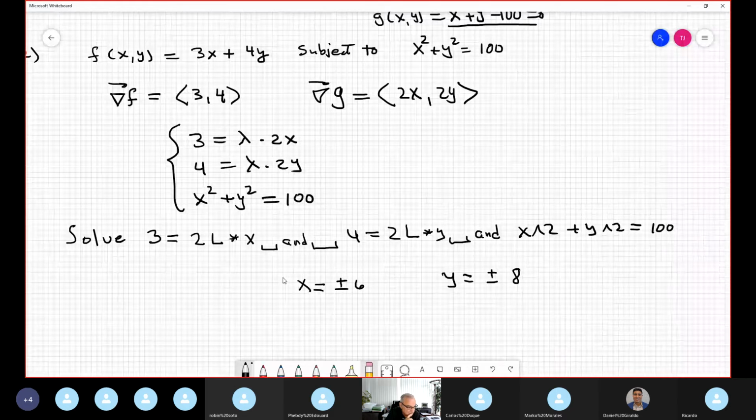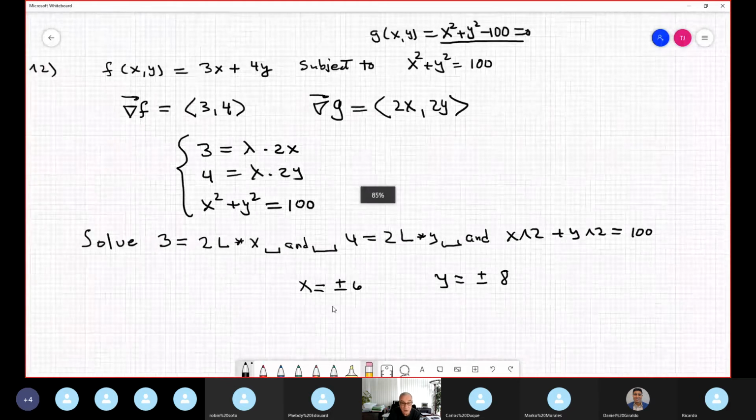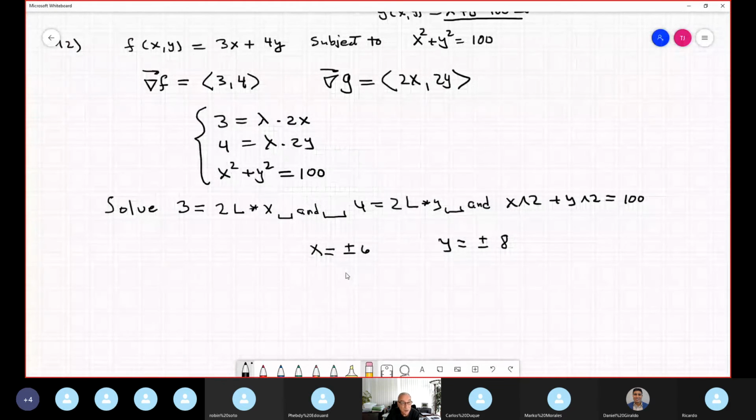Okay, now what should I do? Well, I need to find the maximum and minimum, because there is no specification, or it's extreme values only. You use substitution in the original function. You evaluate, for example, at 6, 8, the positive solution, and I get one number.